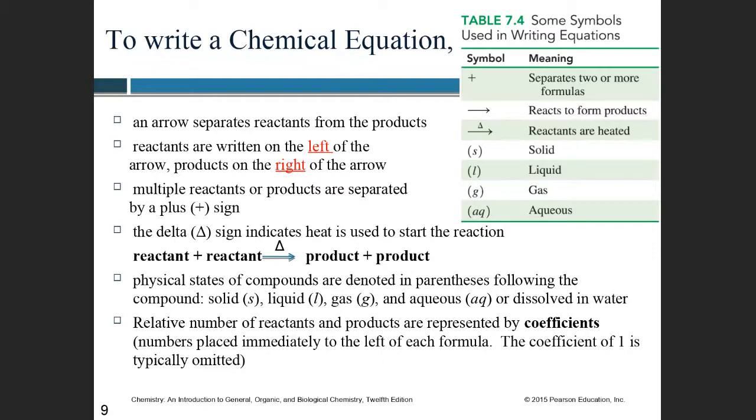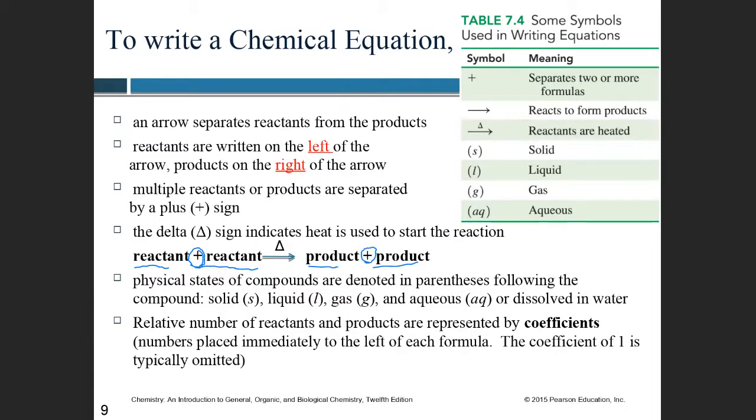On the left side, we are going to write the reactants. Maybe there is more than one, so we are going to add a plus sign. On the right side, we are going to write the products. And also, if I have more than one, I'm going to separate them with the plus sign.